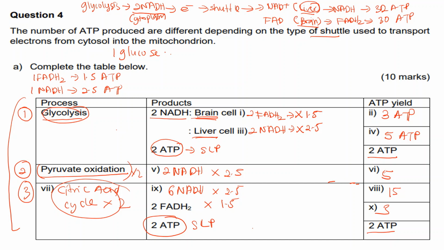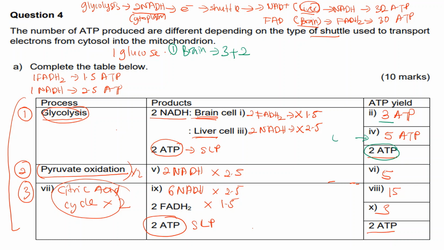Now we want to calculate the number of ATP for the brain cell. I give you the color green to calculate the number of ATP. So for brain, 3 ATP, plus 2 ATP through substrate level phosphorylation. Remember, do not add this 5 molecules of ATP, because this one is for liver.